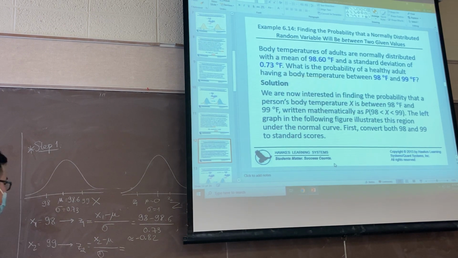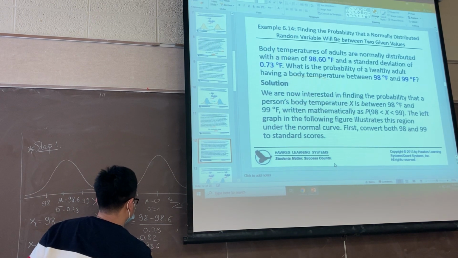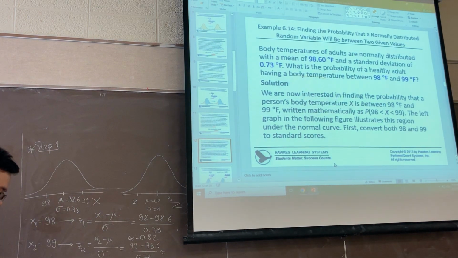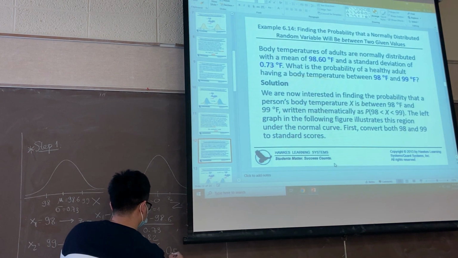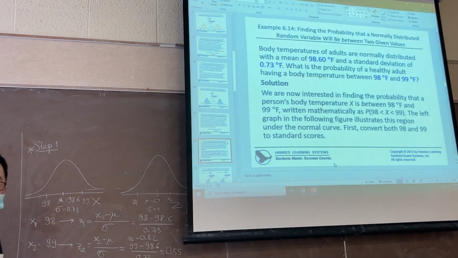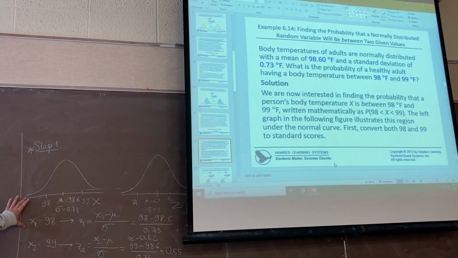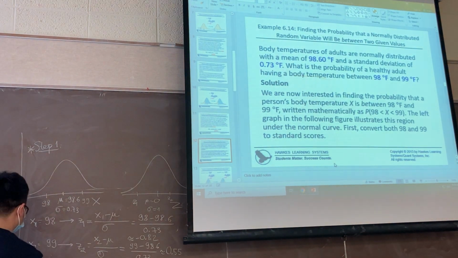You replace x2 by 99 minus this number over this number, and you will get the result, approximately 0.55. Is it clear in this step? I will try to write here. This is step 1. You will change every x value to every z value. Now we go to step 2.